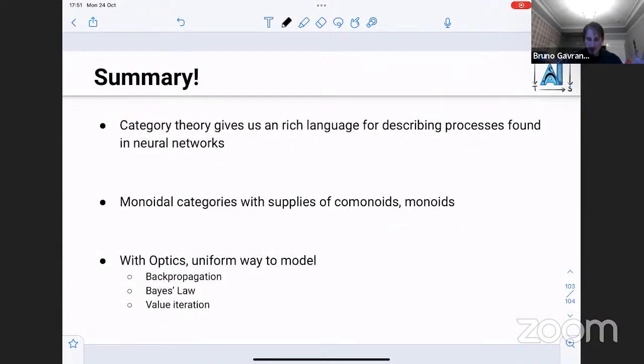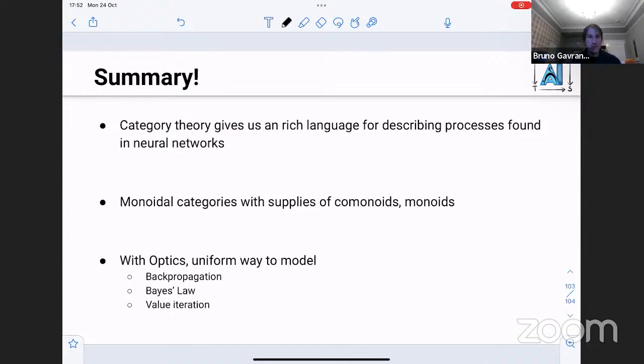Yeah, this is bringing us to the end. We've seen how category theory gives us a very rich language for describing processes found in neural networks. We can model not just sequential processes, as we talked about in the first lecture, but processes that run in parallel, processes that copy information, that aggregate information. The most important thing was talking about the way all of these constructions interact with each other. That's why we have all the axioms, and that's why we're being very stringent about what laws are satisfied, because they tell us something interesting about the semantics.